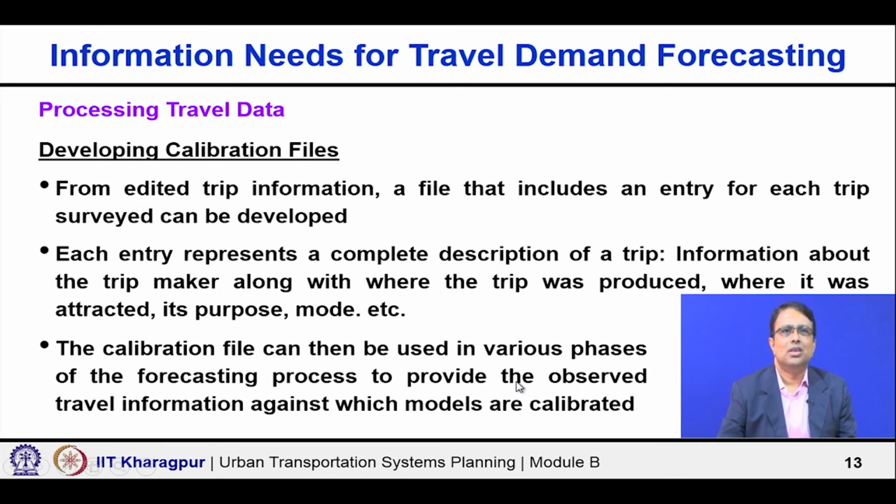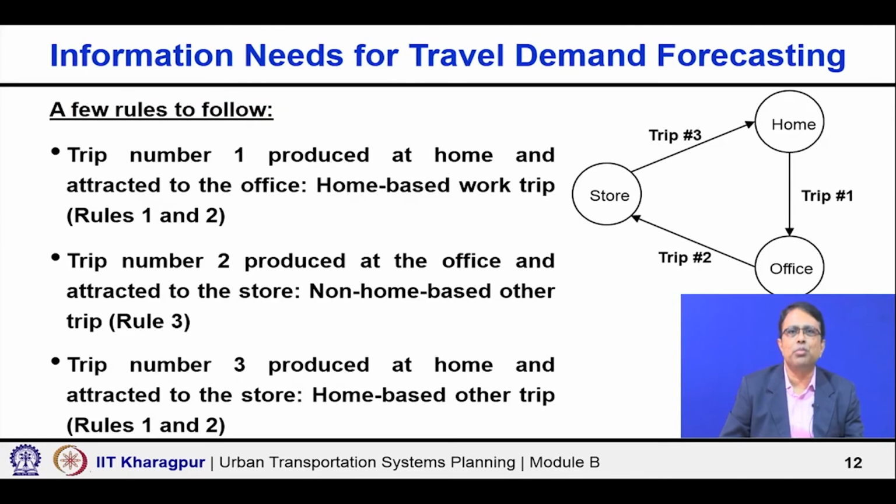Then when you are processing the data, the very first thing, travel data processing, you need to develop calibration file. What is a calibration file? From the trip information, a file that includes an entry of each trip can be developed. Each trip. Earlier example what I gave, I say trip 1, trip 2, trip 3.